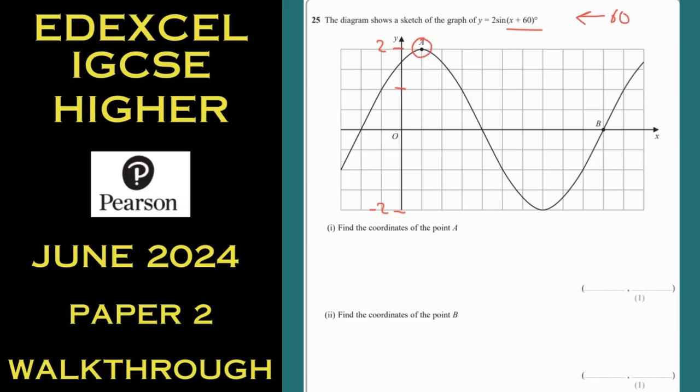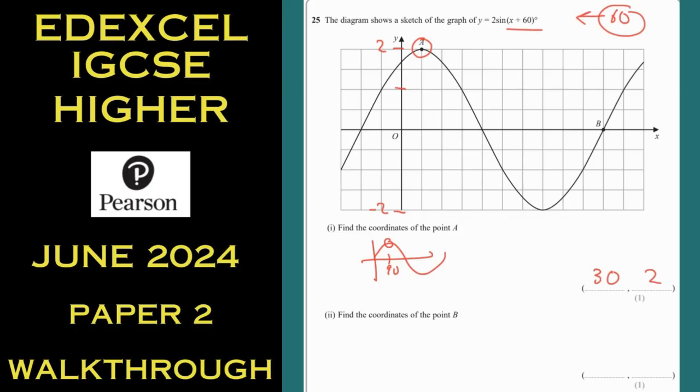So where is A? Well, its height is definitely 2. The peak of the sine curve, if you just make a quick sketch, the peak of it normally comes at 90. This has been moved left 60, so the peak hits at 30.